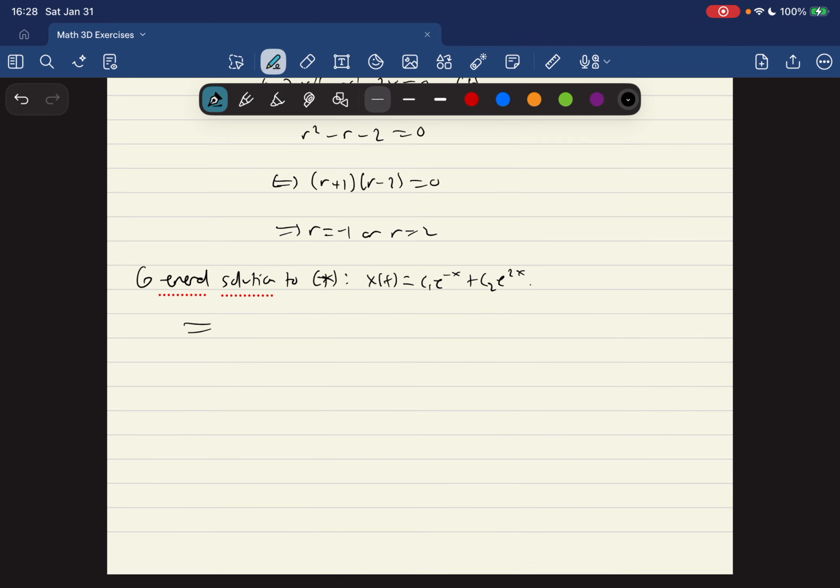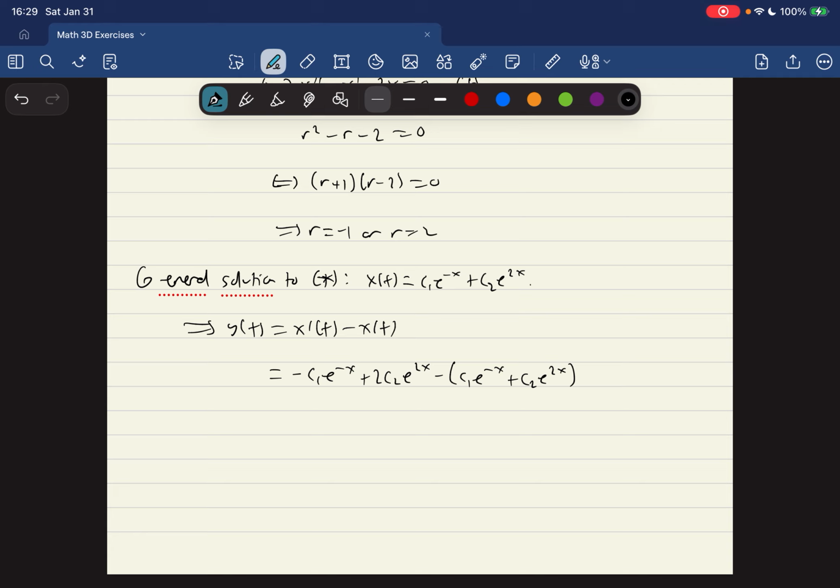And so y, which is x prime minus x, and I'll add the t's actually. So y of t, which equals x prime of t minus x of t. Well, just taking derivatives, we see that this gives us negative c1 e to the negative t plus 2c2 e to the 2t minus c1 e to the negative t plus c2 e to the 2t.